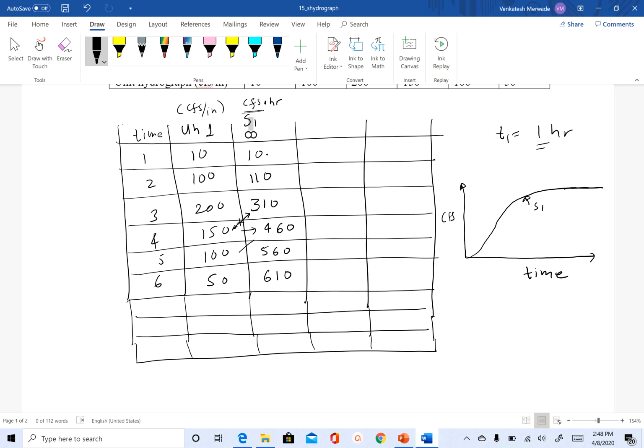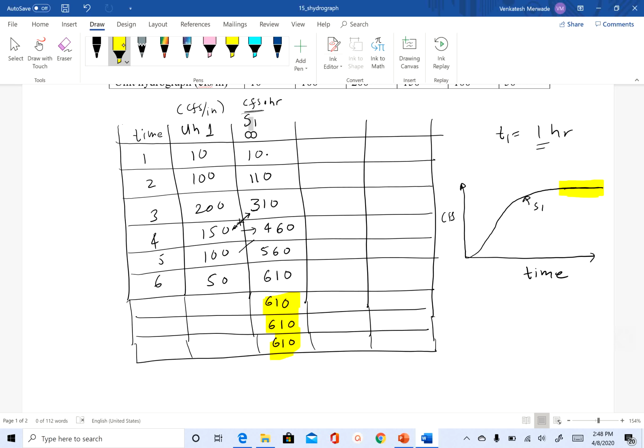Since this is horizontal, I'm just going to continue 610, 610. What I have highlighted is this horizontal part. So we converted our unit hydrograph into this S1 hydrograph.